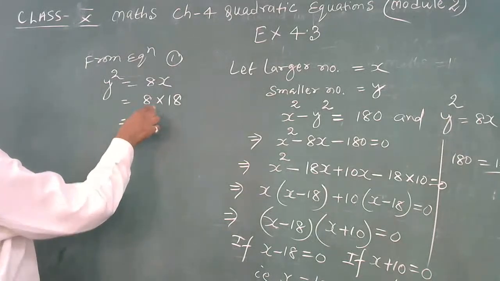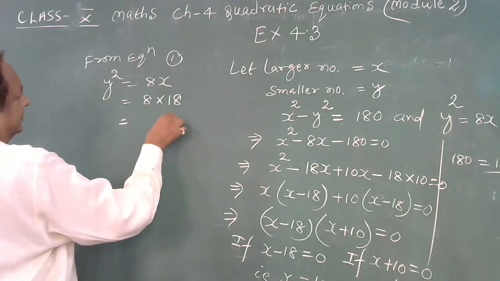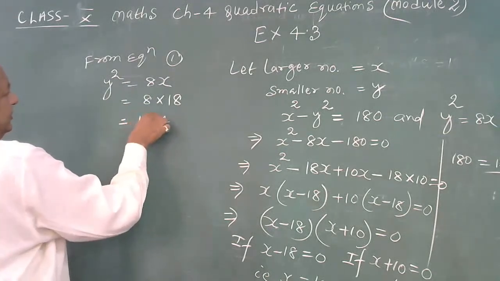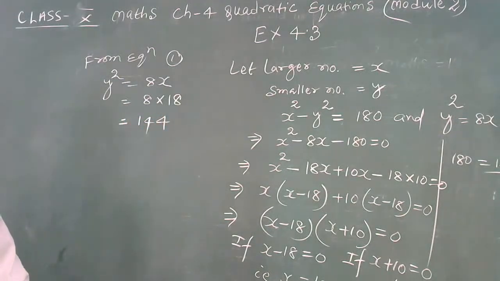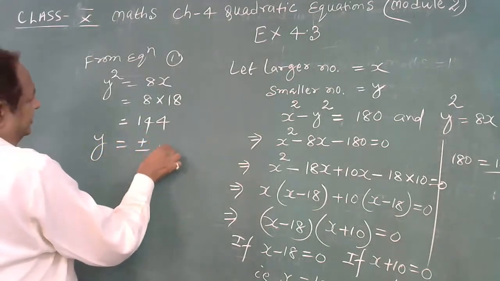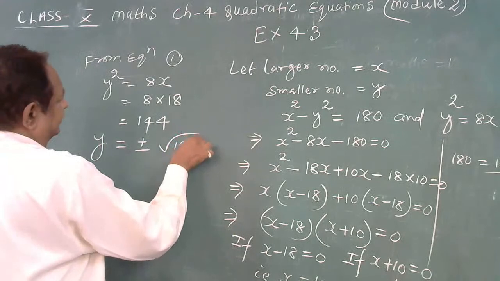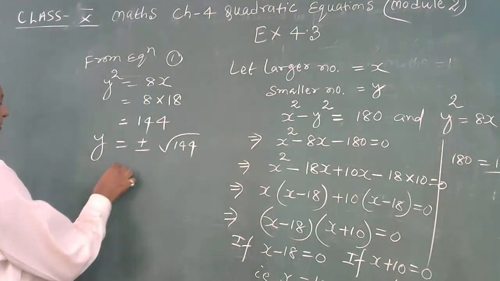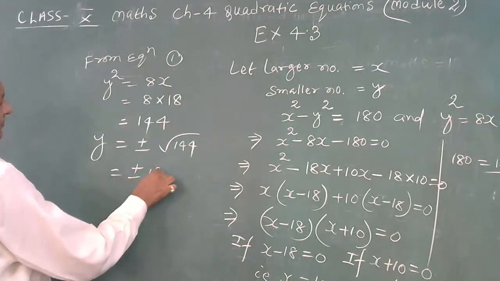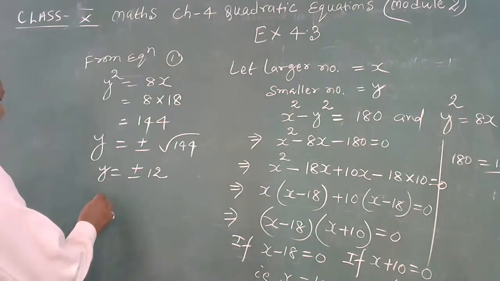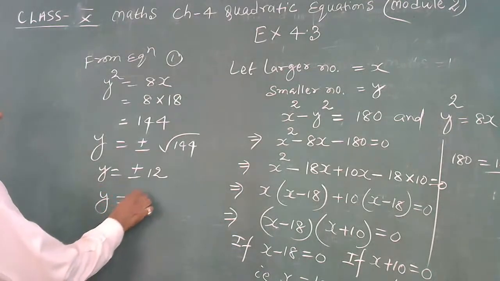So 18 into 8, 144. So y is equal to plus minus under root 144. This can be written as plus minus 12. So we are taking only the positive integer, y is equal to 12.